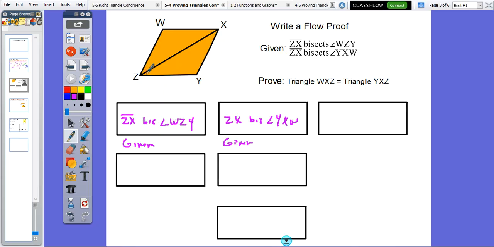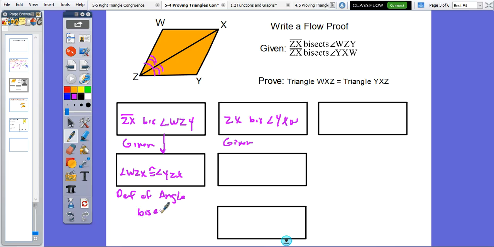ZX bisects this angle WZY. So this whole angle right here got bisected. That implies that we got these two smaller angles that are congruent to each other. So we can then say angle WZX is congruent to angle YZX by what we call the definition of angle bisectors.